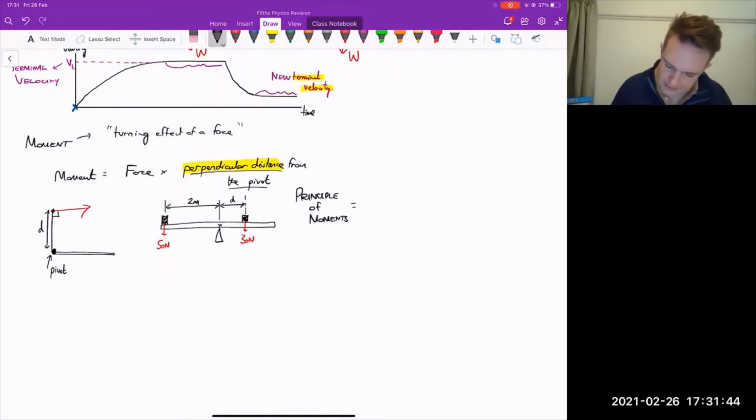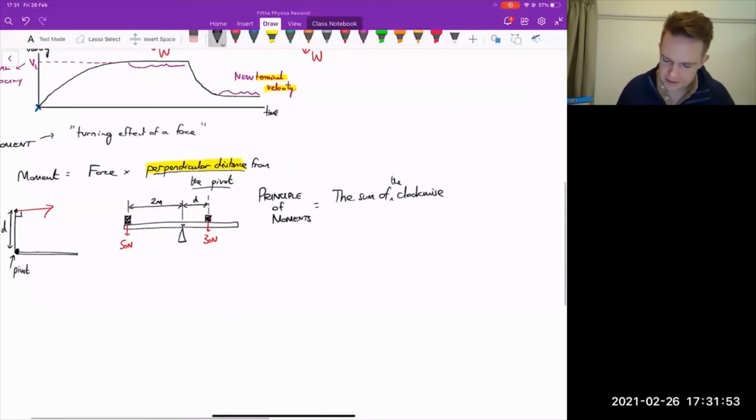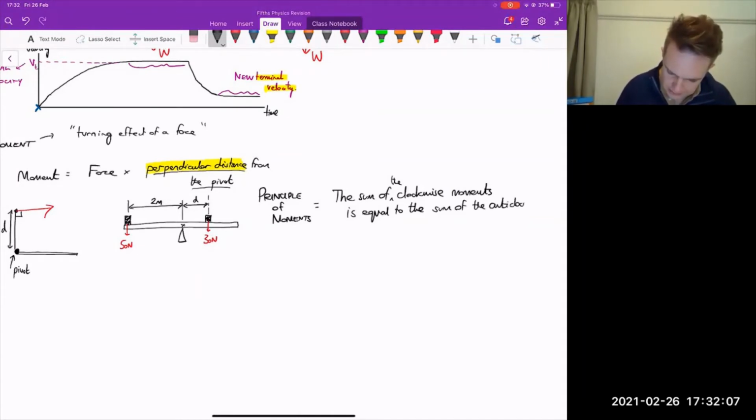It is the sum of clockwise moments is equal to the sum of the anti-clockwise moments for a system in equilibrium.